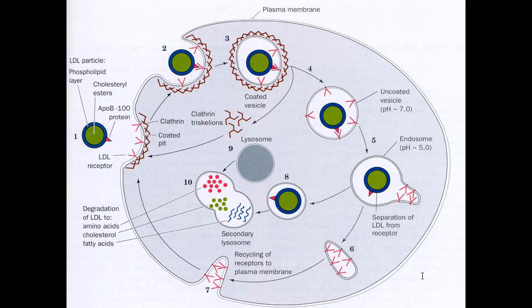The ApoB100 is hydrolyzed to amino acids. Cholesterol esters are converted to cholesterol and fatty acids.